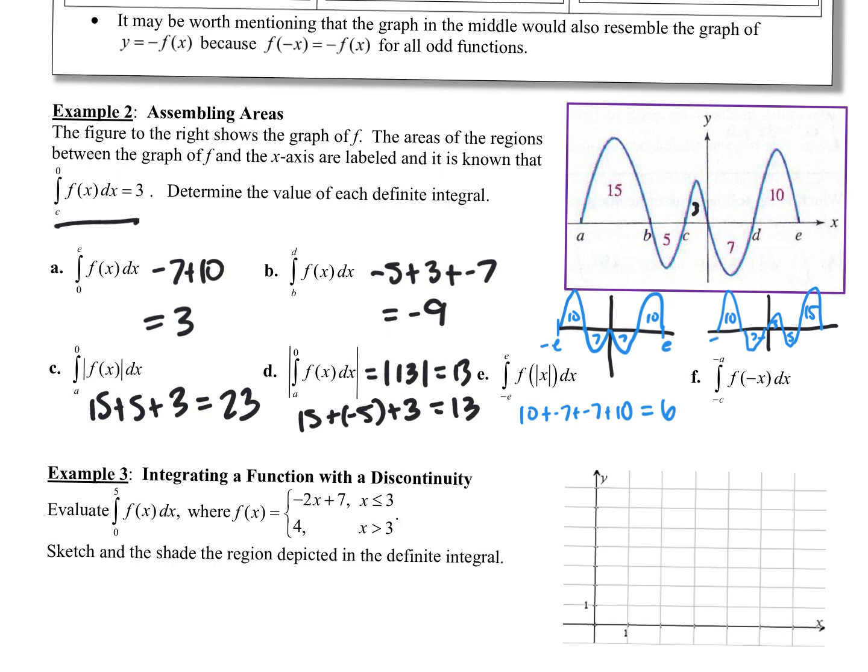And this will be negative e, and this will be negative a. And c will be here, negative c. And so we're only going from negative c to negative a, so that'll be negative 5 plus 15, or 10.